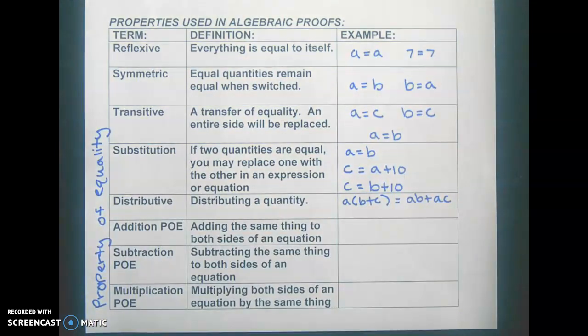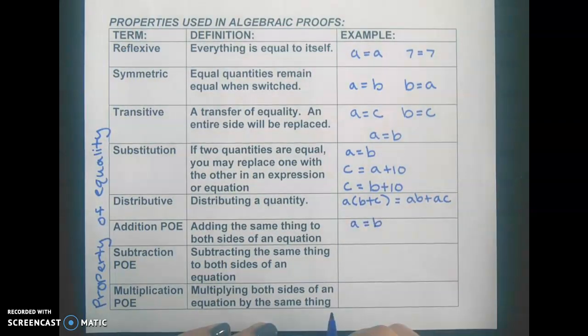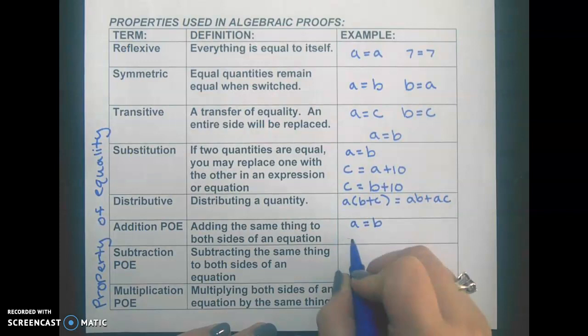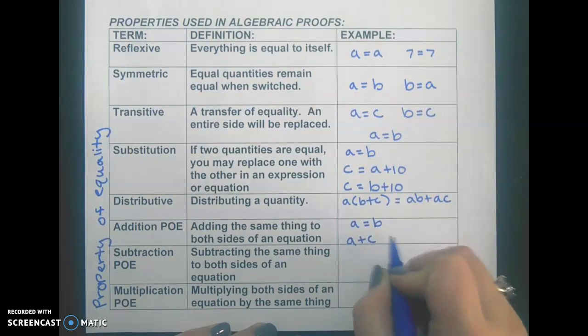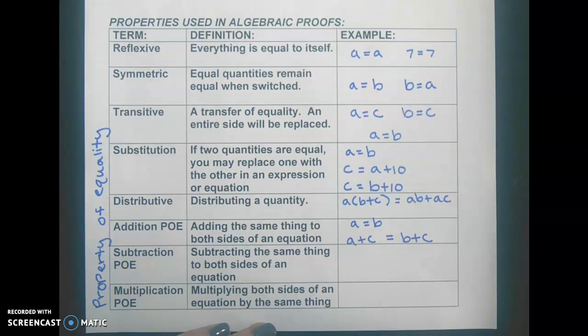So starting with our addition POE, our addition property of equality, adding the same thing to both sides of an equation. If I have A is equal to B, I can also add the same thing to both sides and it will stay equal. So A plus C is equal to B plus C because A is equal to B.